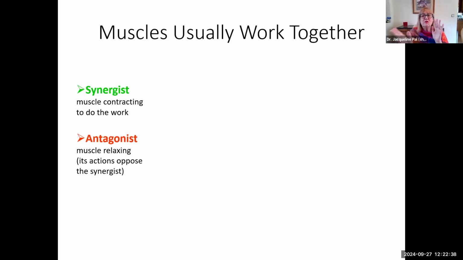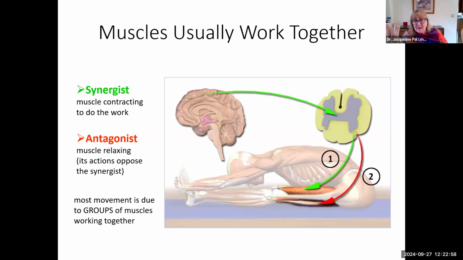Now, it's usually not just one muscle and one muscle. It's oftentimes groups of muscles working together. So let me give you an example that you already know about, and that is your quadriceps, which is not one muscle, but a group of 4 muscles, and your hamstrings, which is a group of 3 muscles. So in your anterior thigh, we have your quadriceps muscles. And when they contract, they extend your knee.